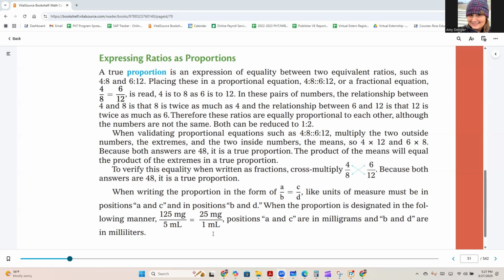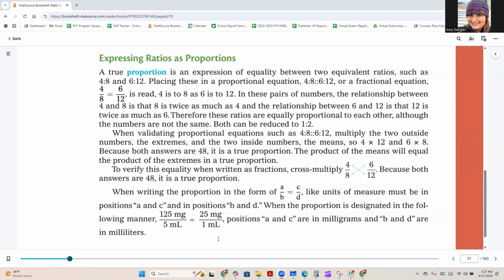When validating proportional equations such as 4 to 8 is equal to 6 to 12, multiply the two outside numbers, the extremes, and the two inside numbers, the means. So 4 times 12 and 6 times 8. Because both products are 48, it is a true proportion. The product of the means will equal the product of the extremes in a true proportion.